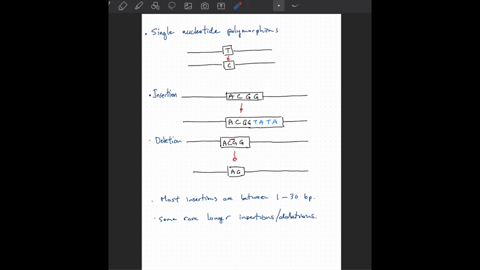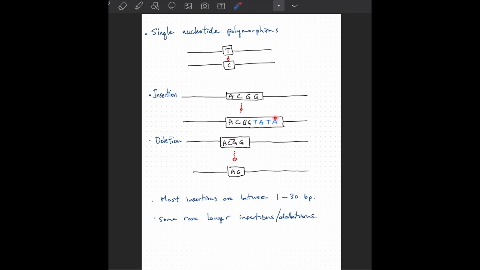There are other events, though, that are very important in both normal physiology and in disease, and in terms of how organisms evolve. One of them is the insertion, and the other is the deletion. These are generally small events, but not as small as a point mutation. For example, we have a chromosome and then some sequence ACGG, etc. And what happens is that this sequence TATA is inserted right after ACGG.